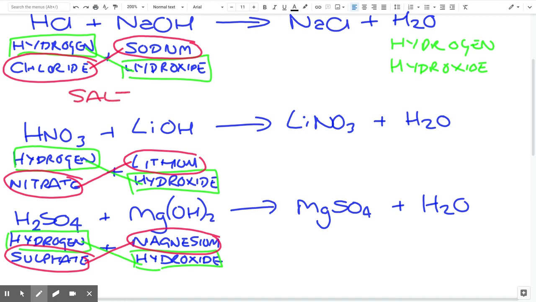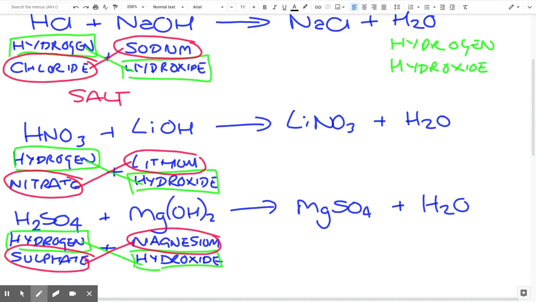Okay, and what we're doing in this is preparing a salt of an acid-alkali reaction, and the formation of the salt depends upon the names of the acids, not whether or not we have an acid or not.